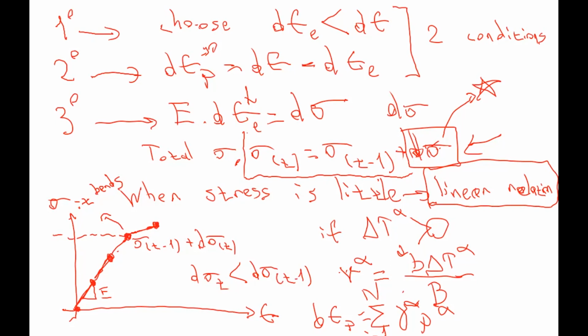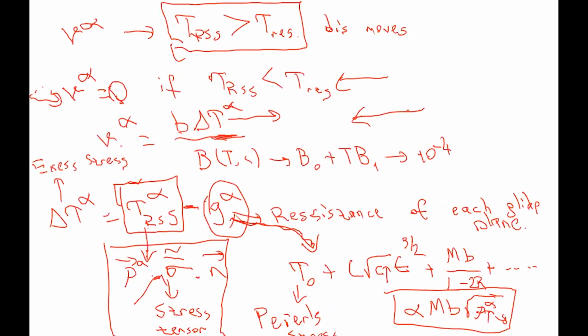Questions? So we are at this point. Now we have some resistance. We have some G. This is very important.